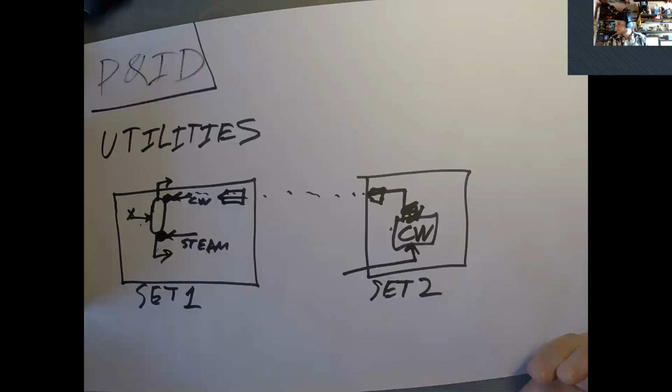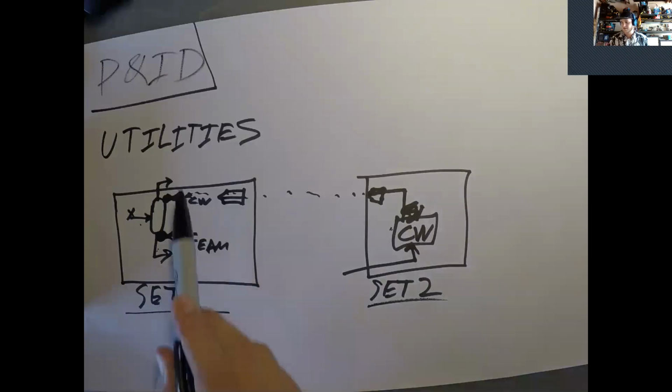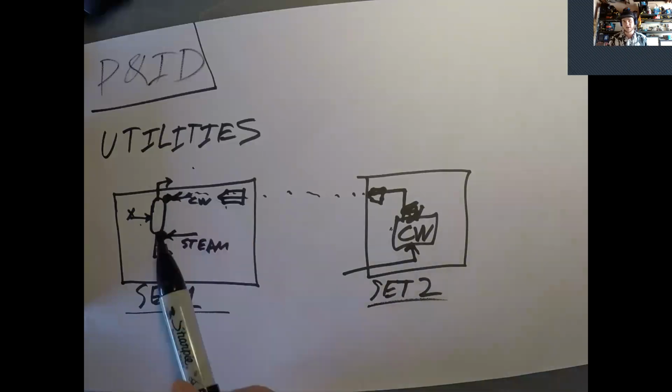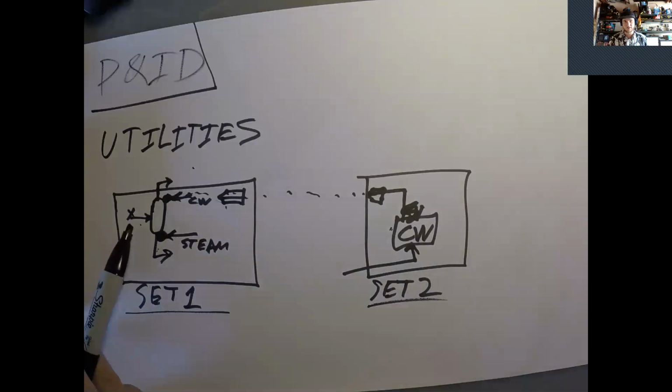And so anytime you're doing a project at a plant, you're going to generate stuff from set one, and then you're probably going to reference a bunch of other sets for your utilities. And then you might reference other sets for your upstream and downstream operations that your product streams are feeding, or where your end feed comes from.